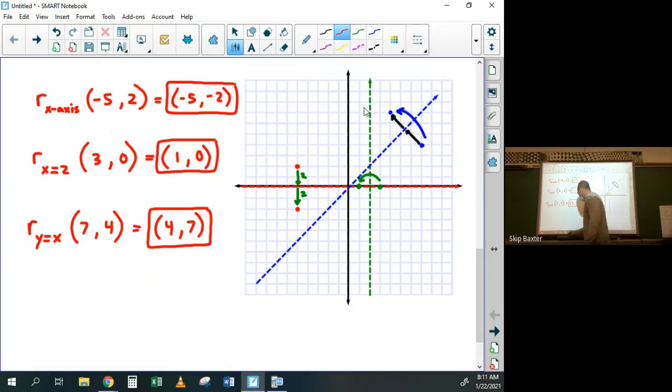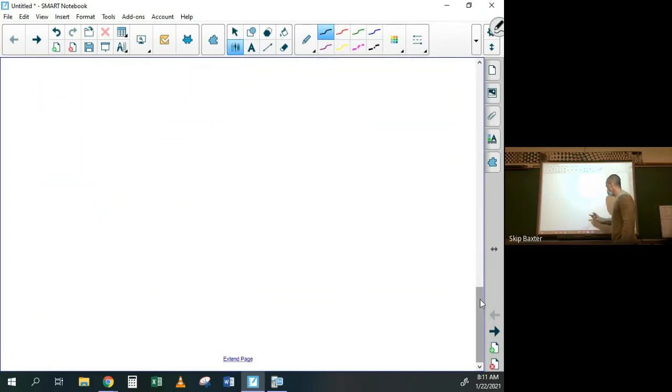Okay, let's do some more examples, but on a different piece of graph paper. What if we have a reflection across the line y equals -x plus 2, and the pre-image point is the point 0, -3.